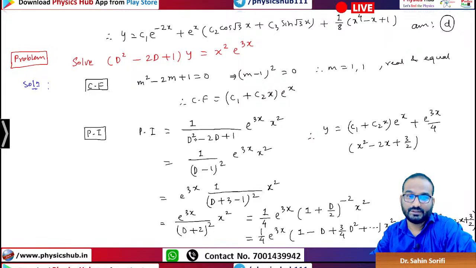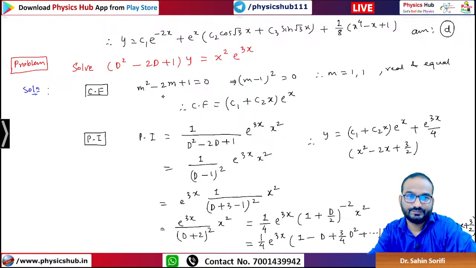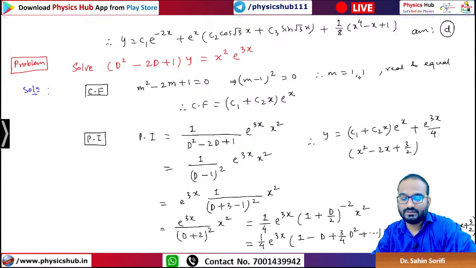Part 1 differential equation. For this problem, (D square minus 2D plus 1) y equals to 0, if you are asking about this. This is the auxiliary equation, m square minus 2m plus 1. So (m minus 1) whole square equals to 0. So you are getting two real and equal roots, 1 and 1.